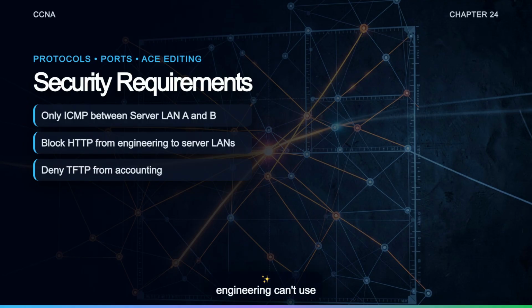Requirement 2. Engineering can't use HTTP to reach server LAN A or B. One ACL on R1 inbound, denying TCP destination port www from engineering to both server subnets and permitting everything else. Requirement 3. Deny all TFTP from accounting.